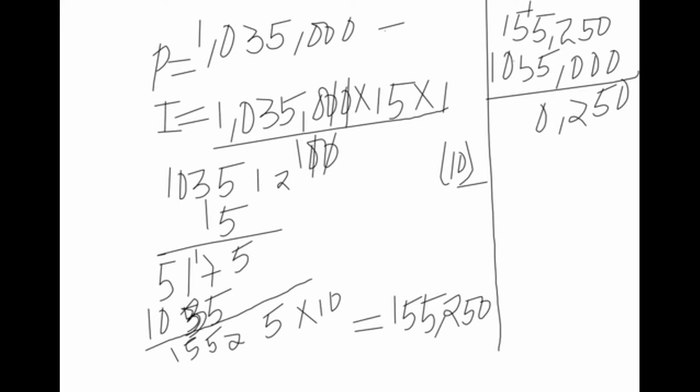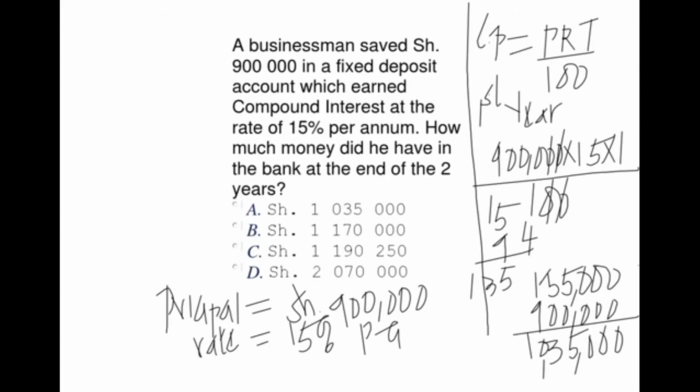So we have 5 plus 3 is 8, plus 1 is 9, then 1 plus 0 is 1, 1. So we have 1,190,250.